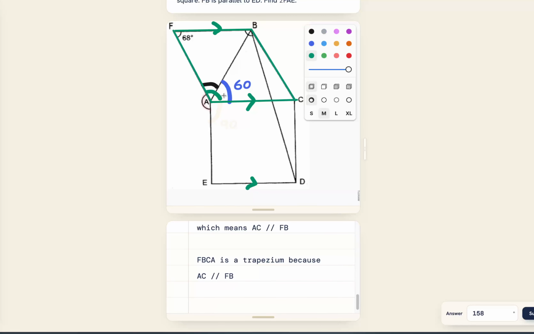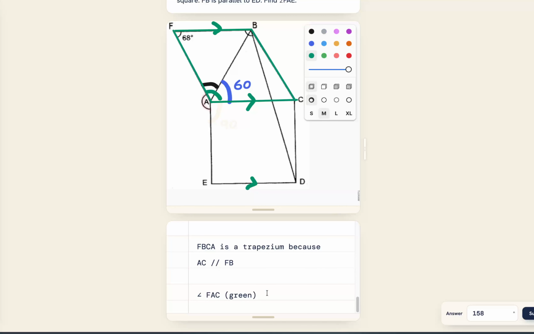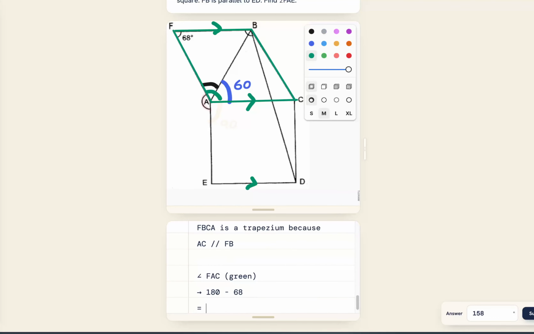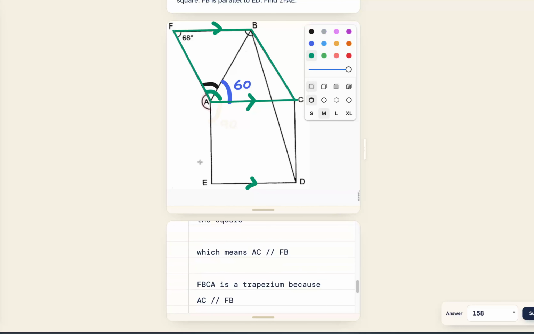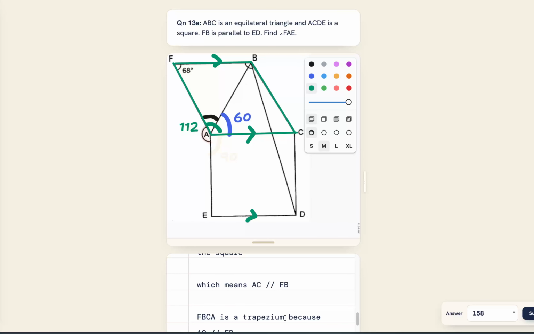So therefore, this green angle FAC is equal to 180 minus 68, and this will be 112 because it's adjacent angle in trapezium.